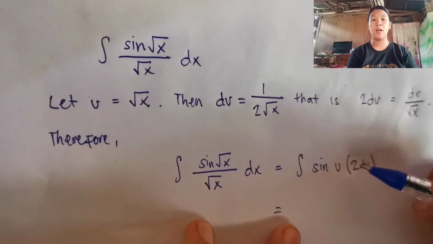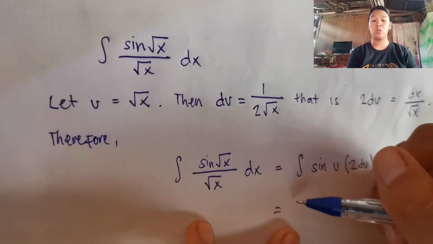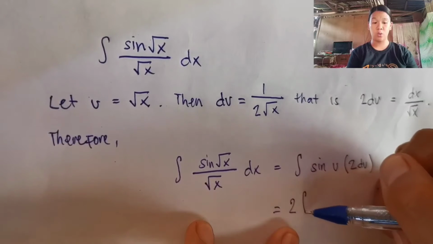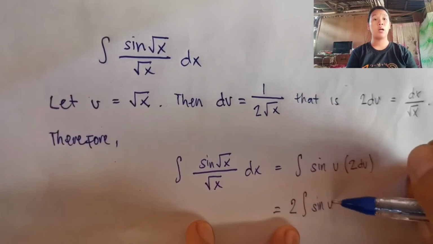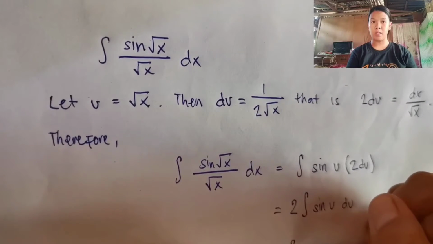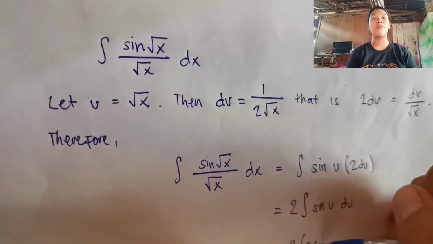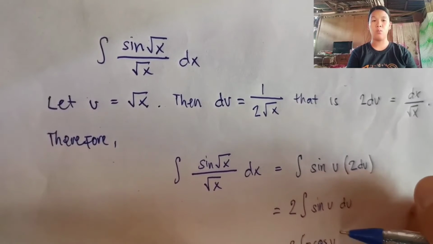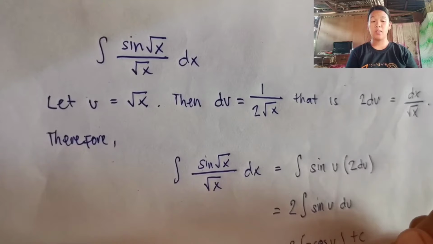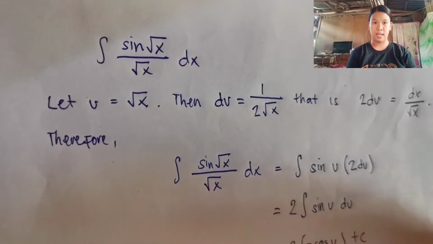So it becomes 2 times the integral of sine u du. Copy the constant 2 times the integral of sine u du, which is negative cosine u plus c. So 2 times negative cosine u is equal to negative 2 cosine u plus c.